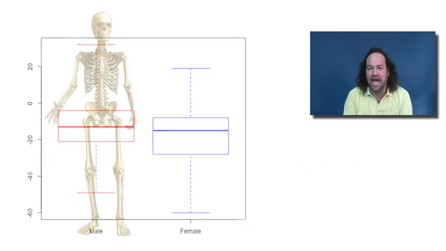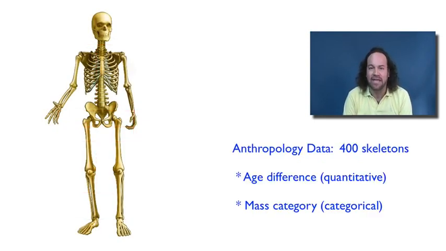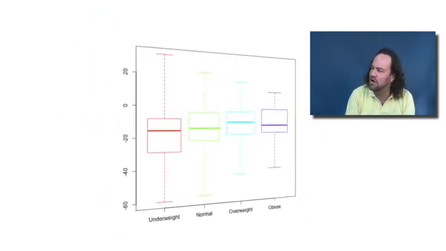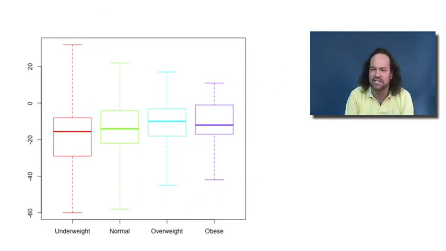Finally, there's another categorical variable that we've considered with these skeletons, namely their mass category, whether they're underweight or normal or overweight or obese. Well, let's consider all 4 of those cases and consider a box plot which considers the skeletons in all 4 of those classifications altogether. Once again, we can see that they're all fairly similar, indicating that there's not a huge relationship between the mass category of the skeleton and the difference in the estimated versus actual ages, but there might be a little bit of an effect.